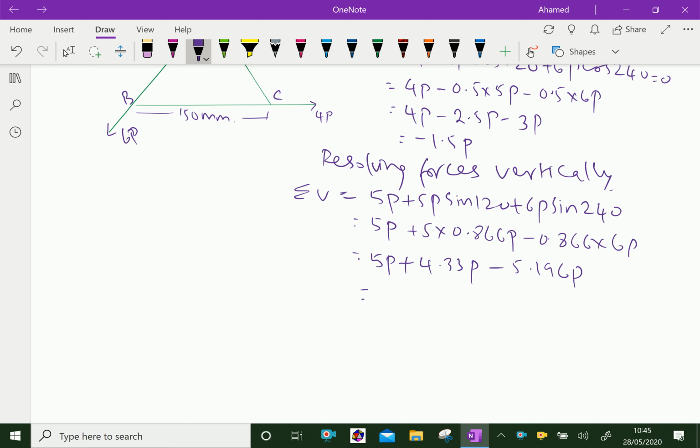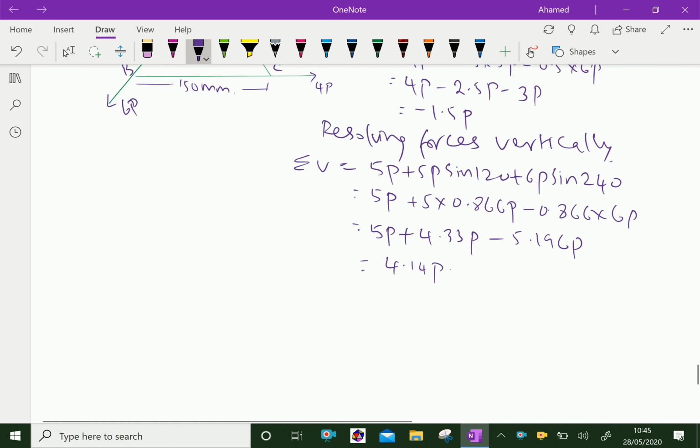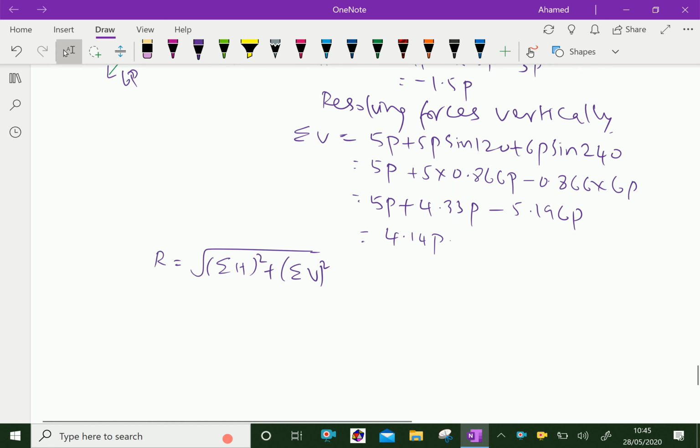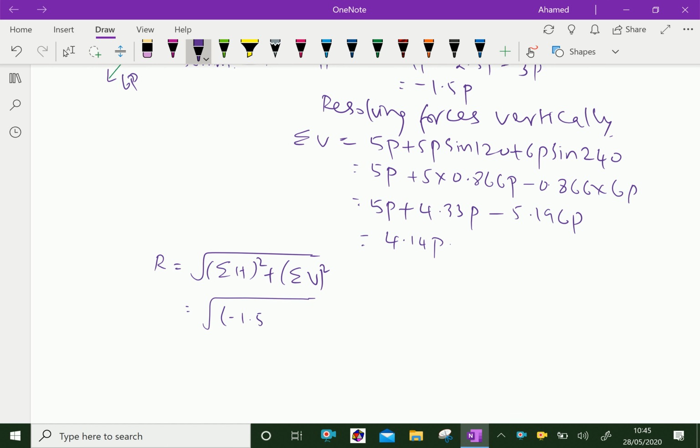Now collecting the P's, we can write 5 plus 4.33 minus 5.19 equals 4.14P, sigma V. Now the magnitude of the resultant force R equals the square root of sigma H squared plus sigma V squared, that is minus 1.5P squared plus 4.14P squared.